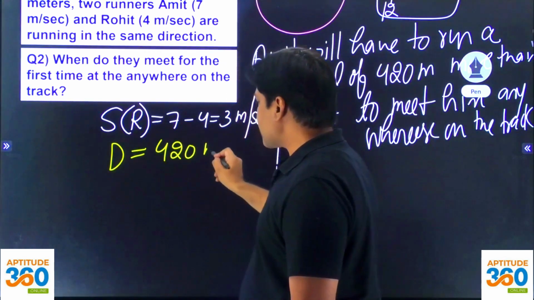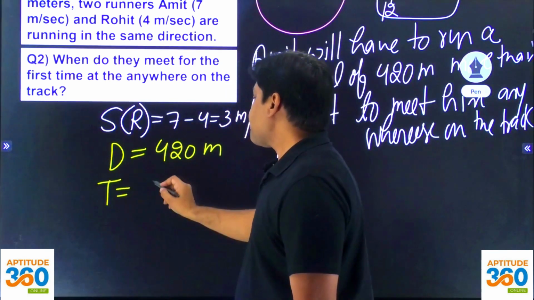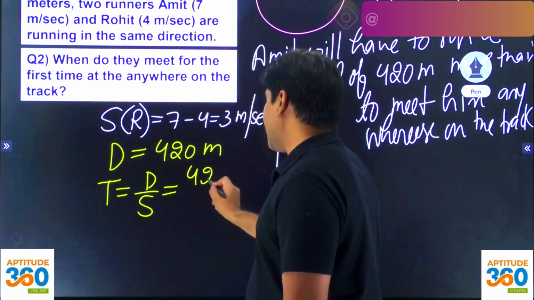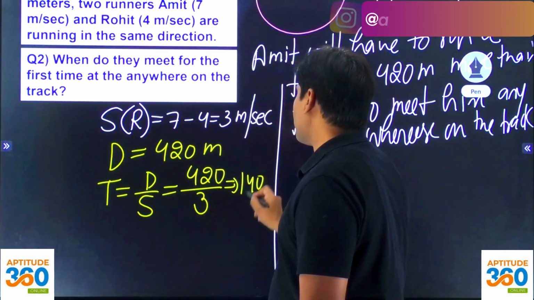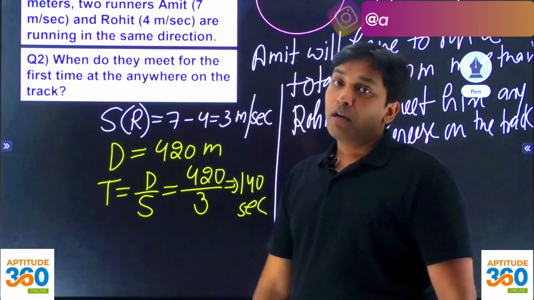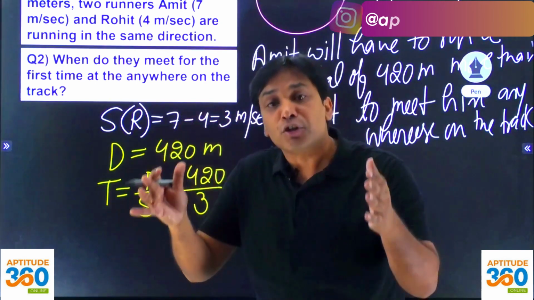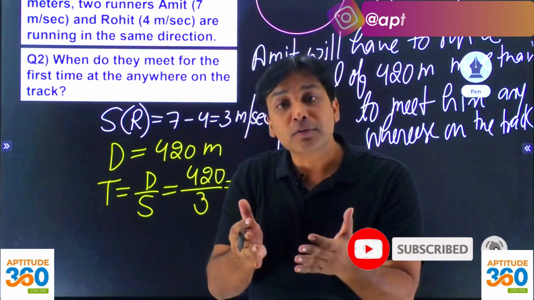It is 420 meters. That is one circumference, right? So what is going to be the time? Time is going to be distance upon speed, and this is 420 upon 3, and if you simplify this, it is coming out as 140 seconds. So as per our calculation, Amit and Rohit will be meeting for the very first time anywhere on the track after 140 seconds.